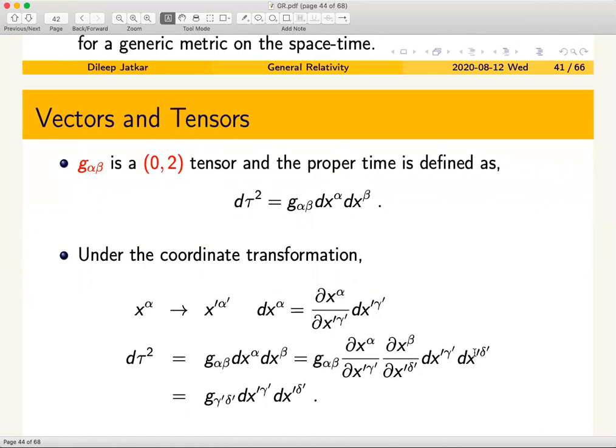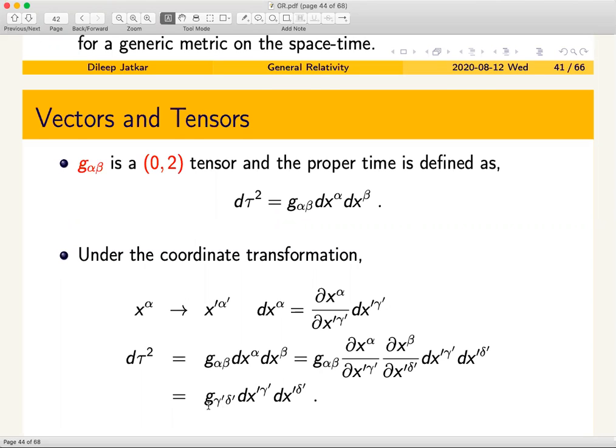Okay, so looking at this expression for the proper time, we can easily read out that the term on the right hand side of dτ² contains dx'^γ' times dx'^δ'. So whatever object you have here, you could identify as a metric in the x' coordinate system, and therefore we would call it g_γ'δ'.